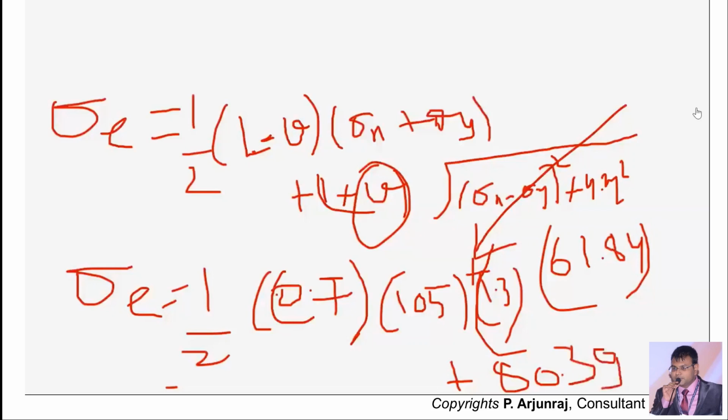So 0.7 into 105 is going to be 73.5. So this plus this divided by 2 will give you the value.